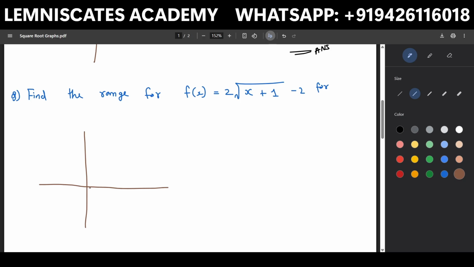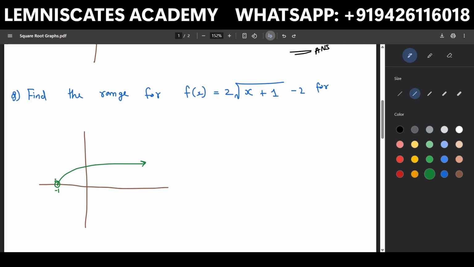0, 0 is where I have to identify exactly where it's going to be. So my x value will be shifted to minus 1. So my square root of x looks like this, but because of minus 1 shift, it's going to look something like this. Of course, this is minus 1. Now the y value, what is going to happen to this y value? It's going to be multiplied first with 2 and then we do minus 2 to that.